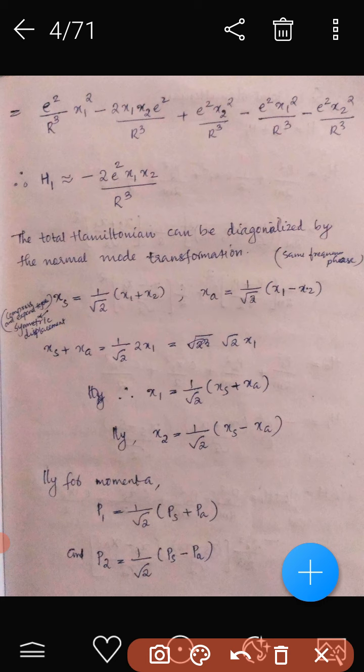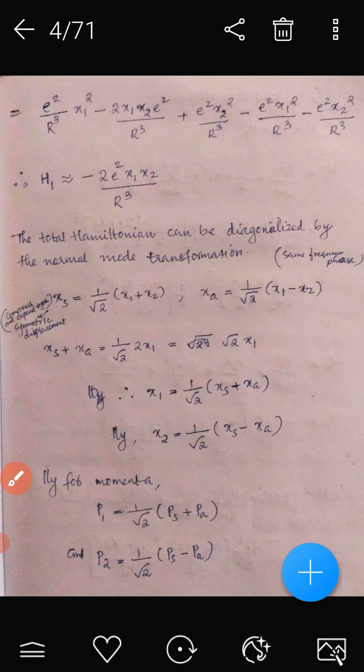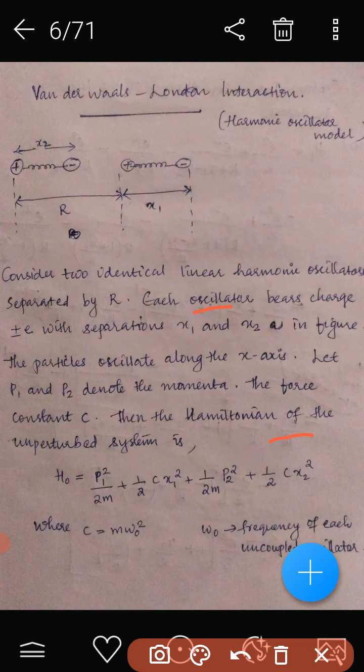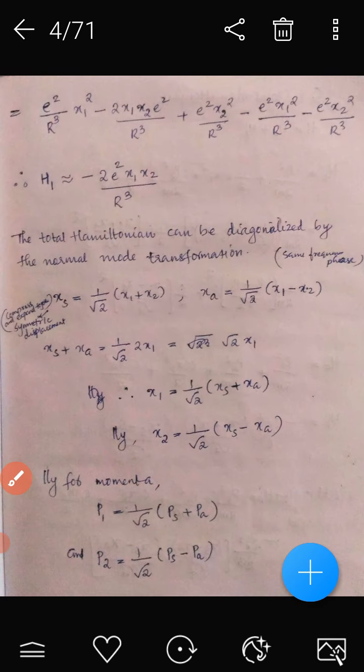So xs is the symmetric displacement, and xa is the asymmetric displacement. Symmetric displacement means these two oscillators compress and expand at the same time. Asymmetric means if one is compressed, then the other expands.